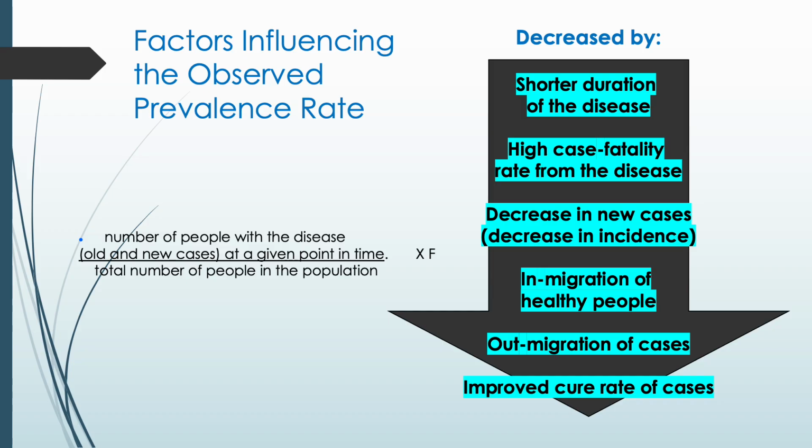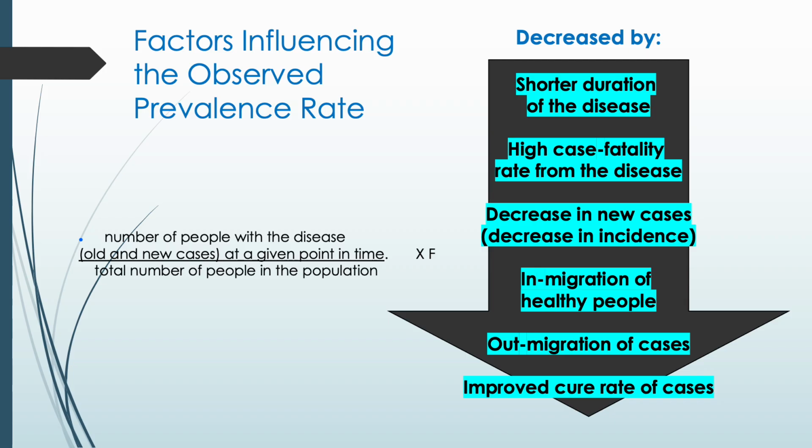So prevalence rate is decreased by shorter duration of the disease because it will decrease the old cases. High case fatality rate from the disease would decrease the old cases because of the deaths. Decrease in new cases, or the decrease in incidence, also lowers it.